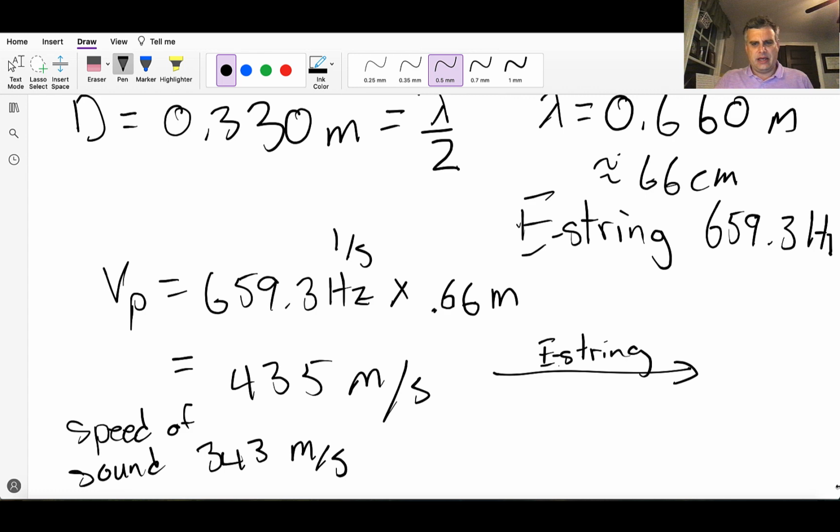Pretty quick. So it's actually traveling faster than the speed of sound in air. And that makes sense. Acoustic waves often travel faster in solids than they do in fluids. That's not a surprise. This is a good sanity check, in fact. At least we're getting something in the range of the order of the ballpark.